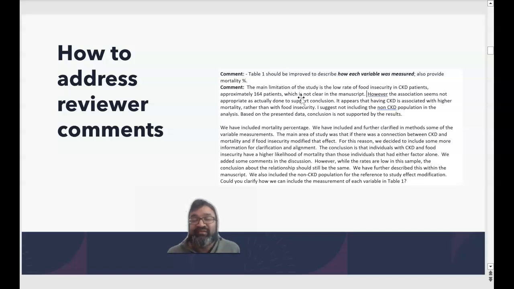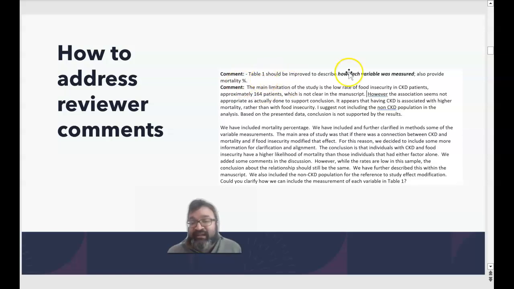What is typically done, what is actually customary, is to include in the method section the variables and how they're defined. So I basically define those variables in a bit more detail.